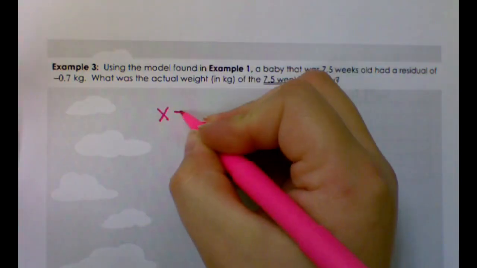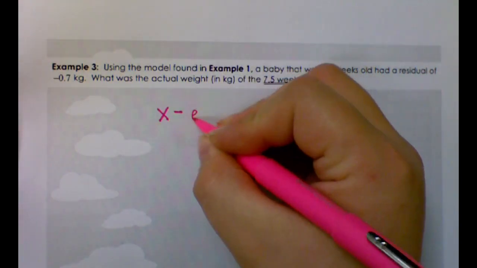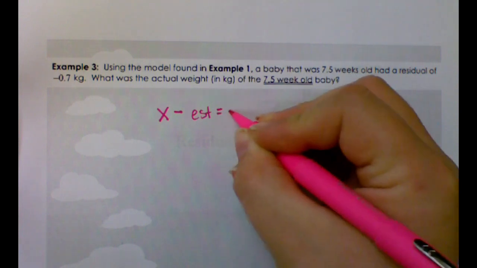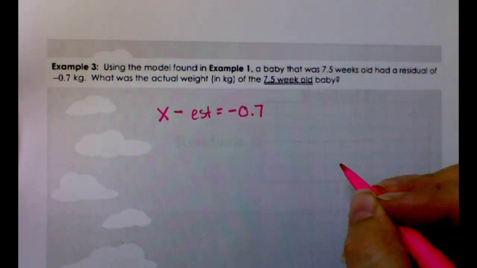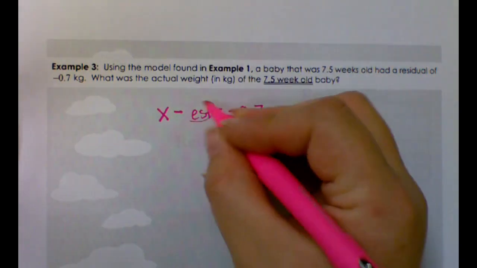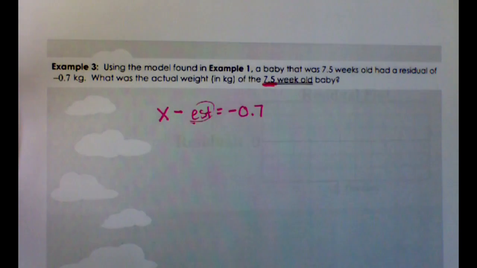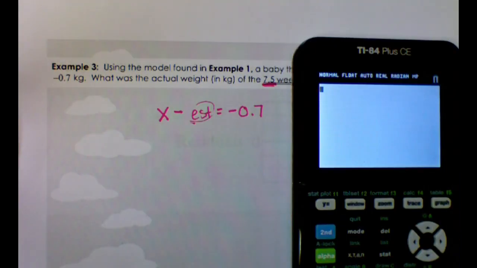All right, using our example found in example 1, our model, a baby that is 7.5 weeks old had a residual of negative 0.7. What was the actual weight of the 7.5 week old baby? So actual minus estimated equals residual, which is negative 0.7. Well, the estimated we can find using 7.5. Plug into my calculator here.